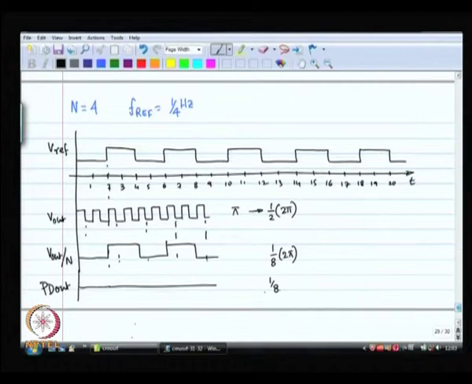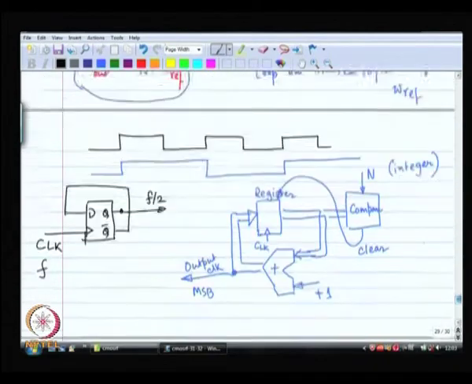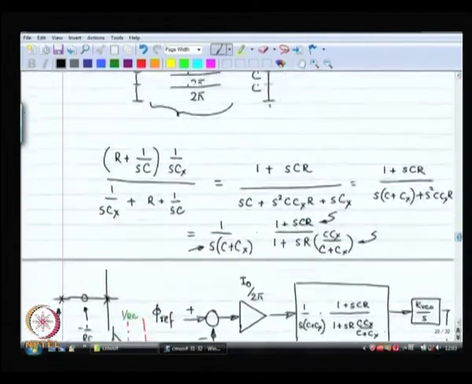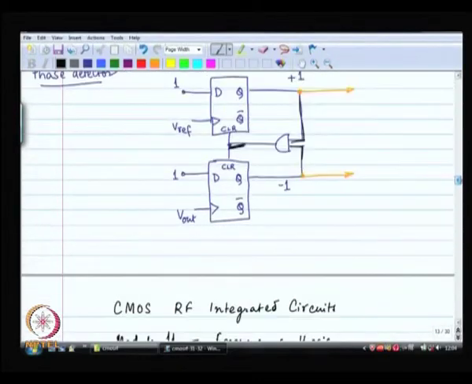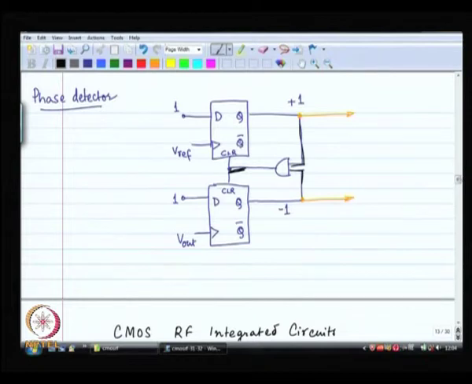Well, recall that up and down of the phase detector are both going to be equal to 1 for a brief amount of time if both the clock edges come together. So, suppose Vref and Vout have their edges together. When both the clock edges come at the same time, both up and down outputs become 1 at the same time.